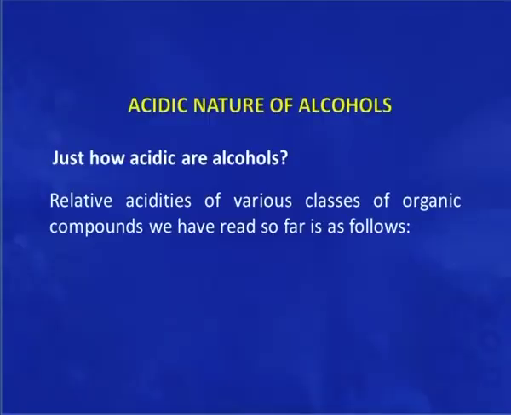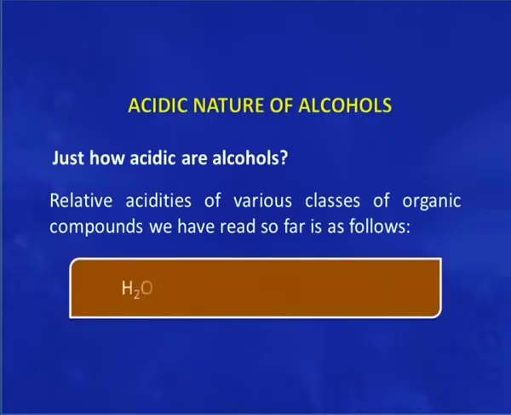Now, we will discuss just how acidic are alcohols. We have already seen that alcohols are less acidic than water molecule, but look at the order of acidic strength of alkynes and alkanes. You can see here that alcohols are more acidic than alkynes and alkanes.